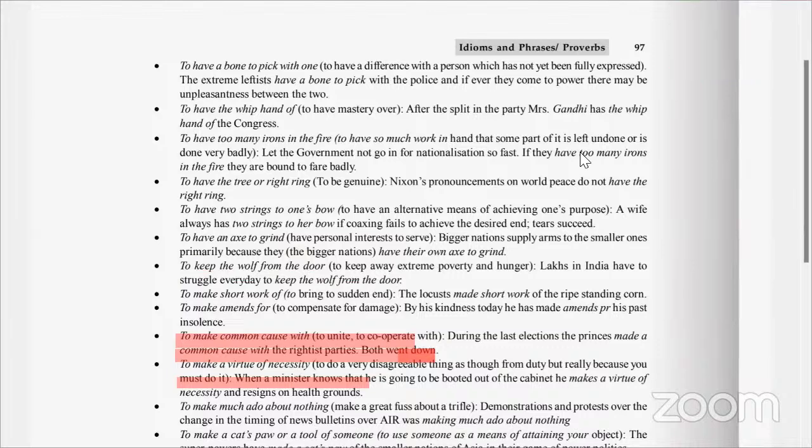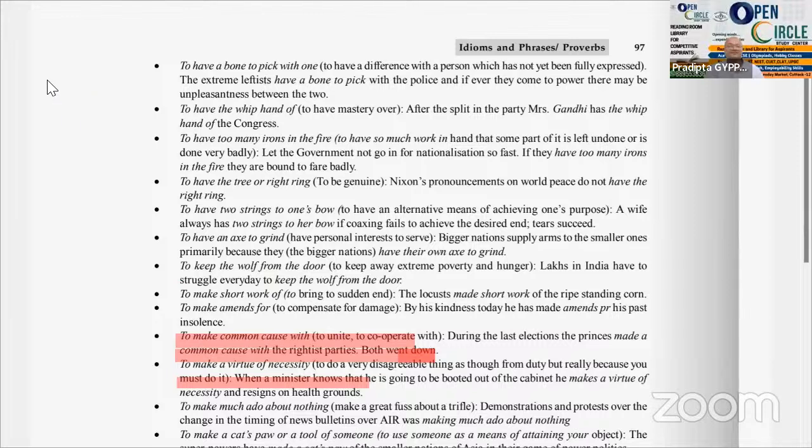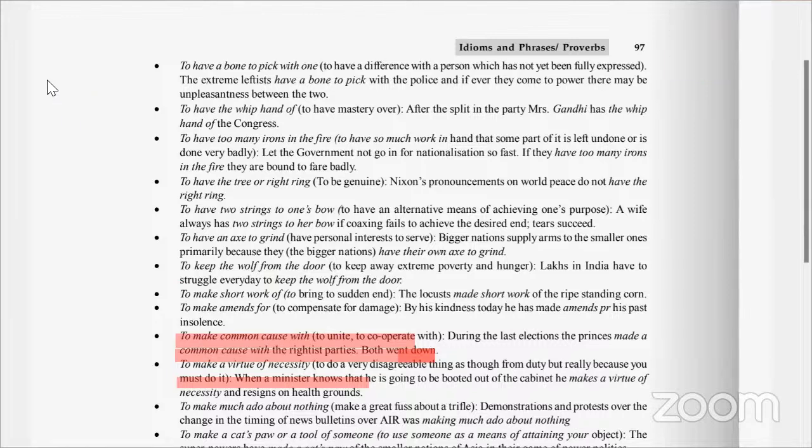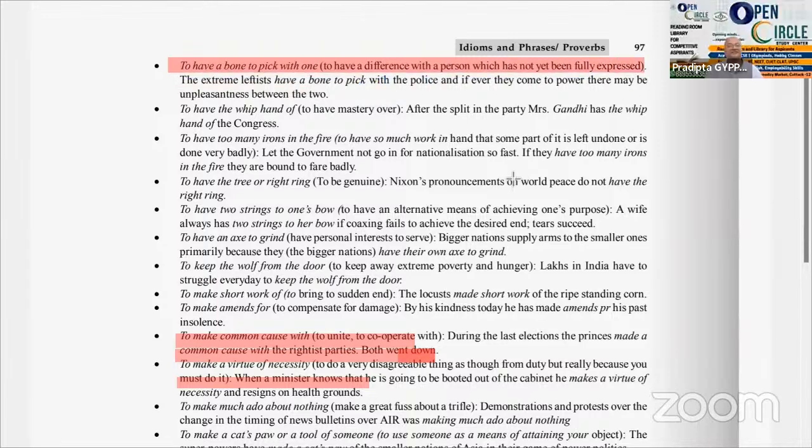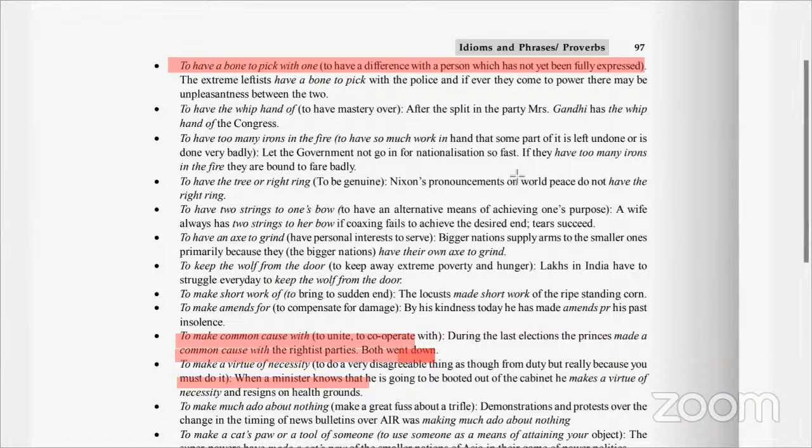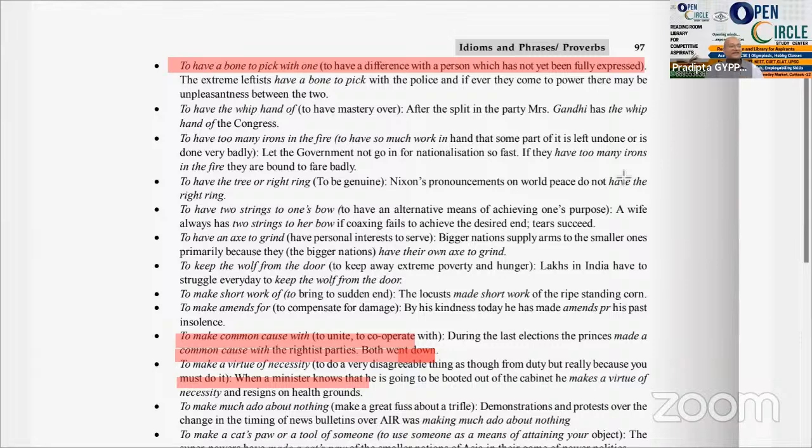To have a bone to pick with one. To have a difference with a person which has not yet been fully expressed. Meaning? To quarrel with someone without reason. To have a bone to pick with somebody.